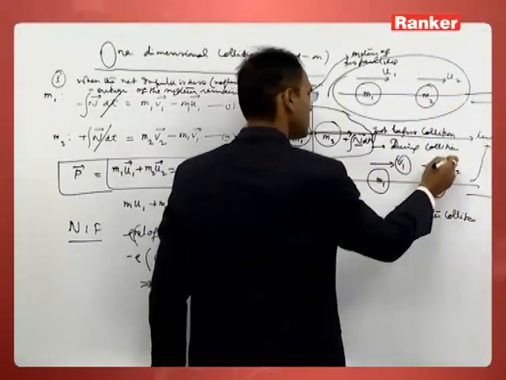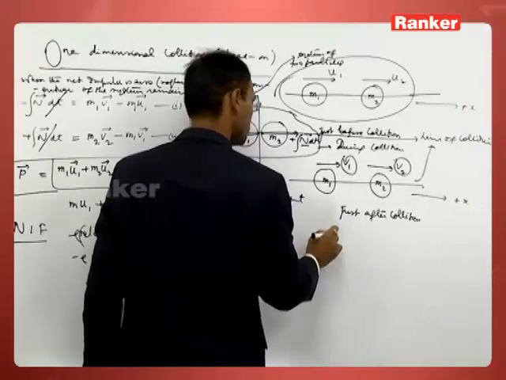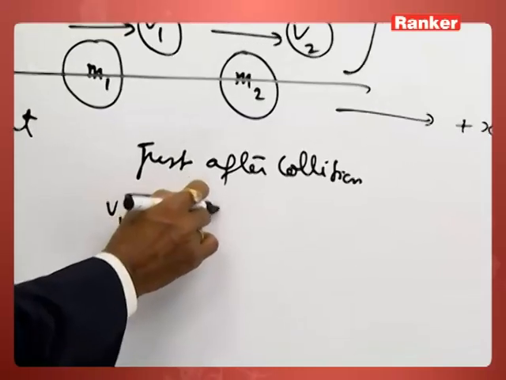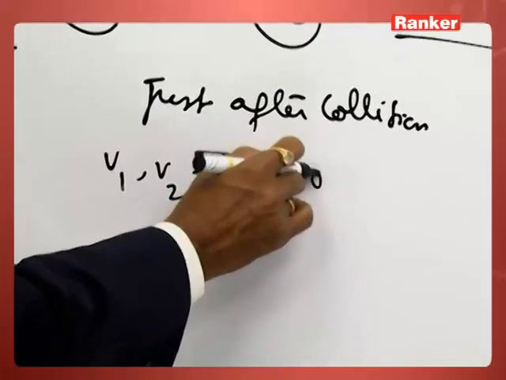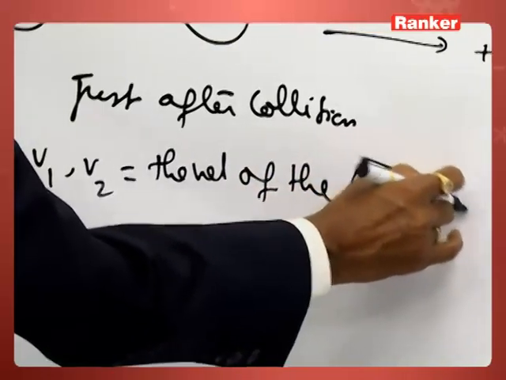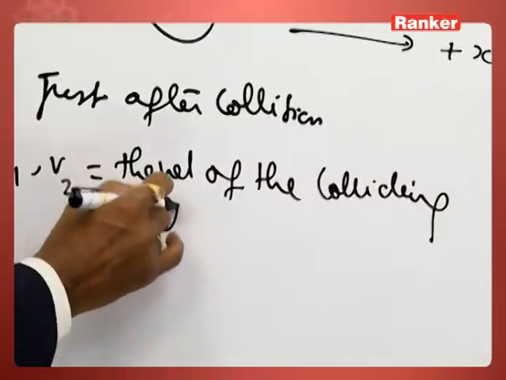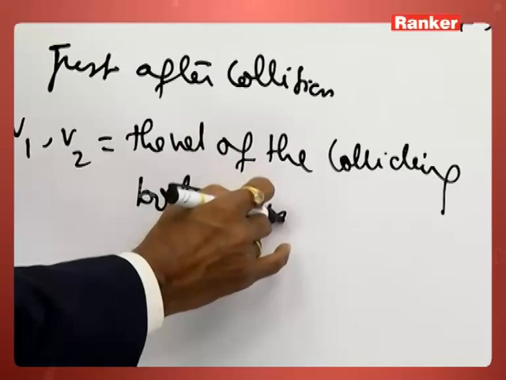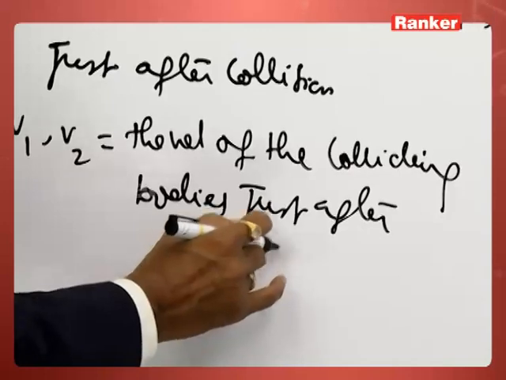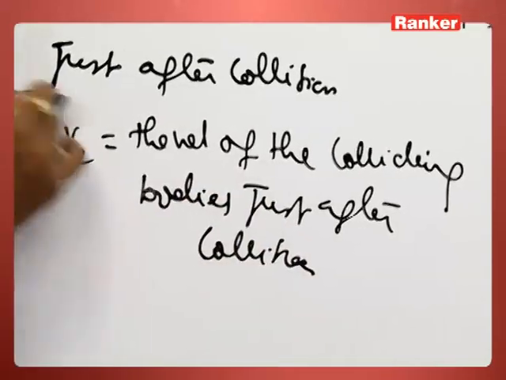These two unknown quantities are the velocities of the colliding bodies just after the collision. We need to calculate these two.